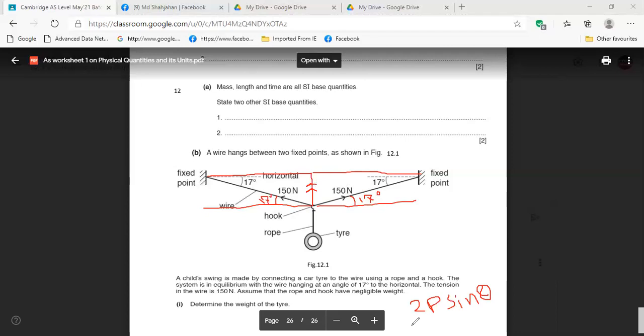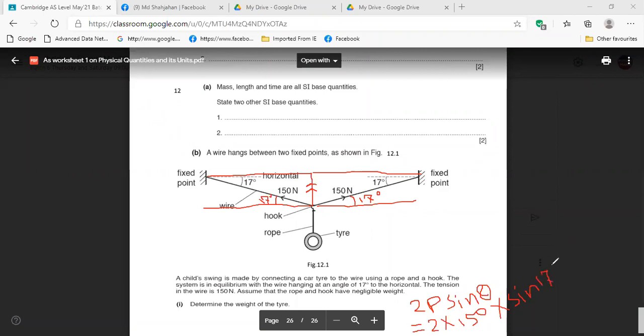Is the answer 87.7, sir? Okay, mashallah. So you got it. 2 times 150 times sine 17, right? Sine 17, 87.7. Yes, your answer is correct. So you both are correct.